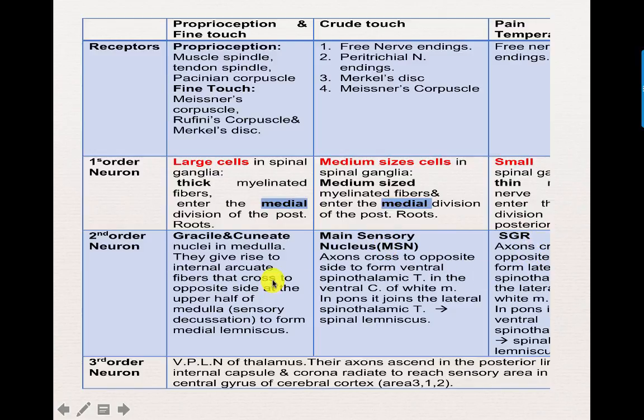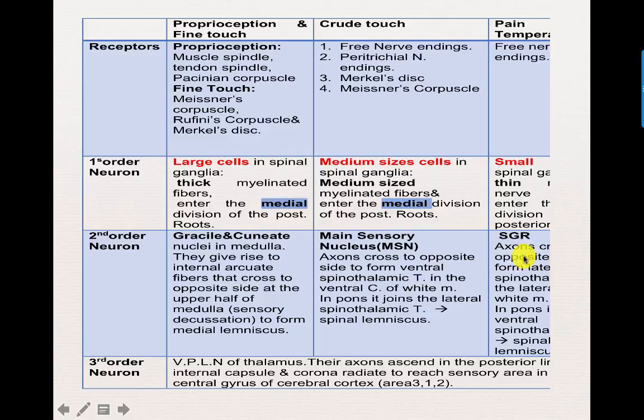But the nuclei are on the same side, while their axons should cross to the other side. Here the crossing is in the medulla to form the internal arcuate fibers that will form the medial lemniscus. Here the crossing is in the spinal cord to form the ventral spinothalamic and lateral spinothalamic that will join in the pons to form the spinal lemniscus.